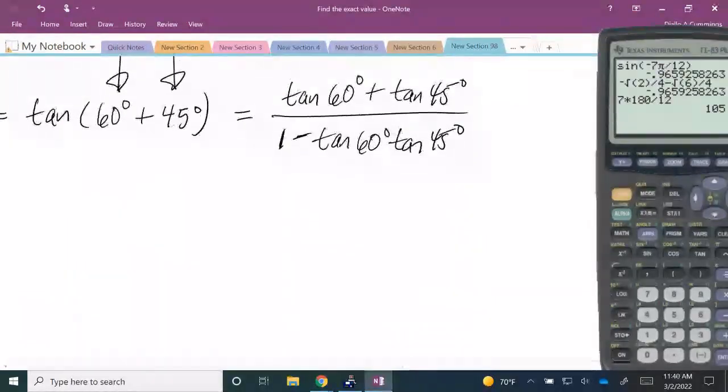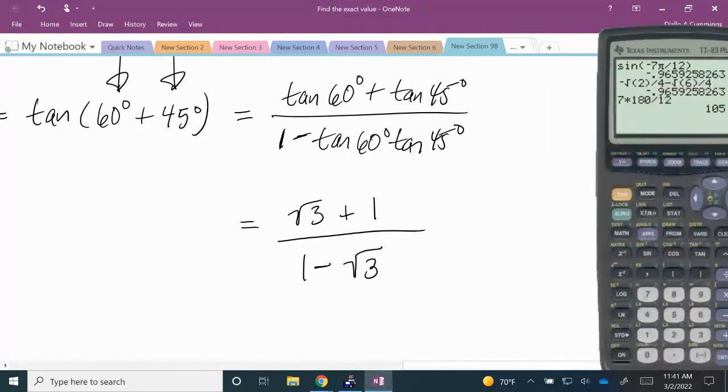So we have the tangent of 60 degrees, which is the square root of 3, plus 1, divided by 1 minus, the tangent for 60 degrees is square root of 3. The tangent for 45 degrees is 1. If we were to multiply those two, we would have the square root of 3.